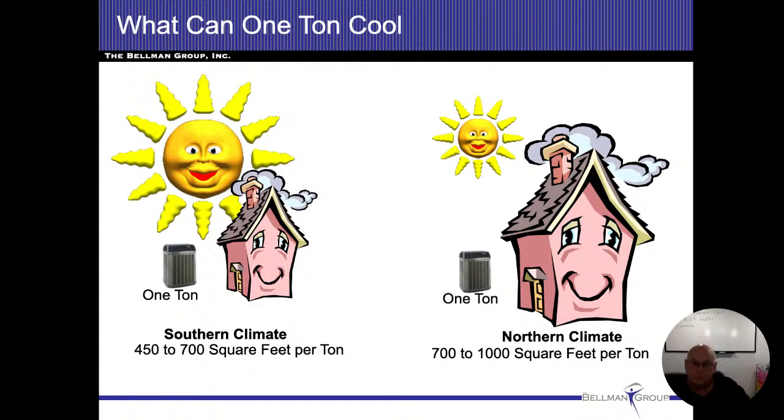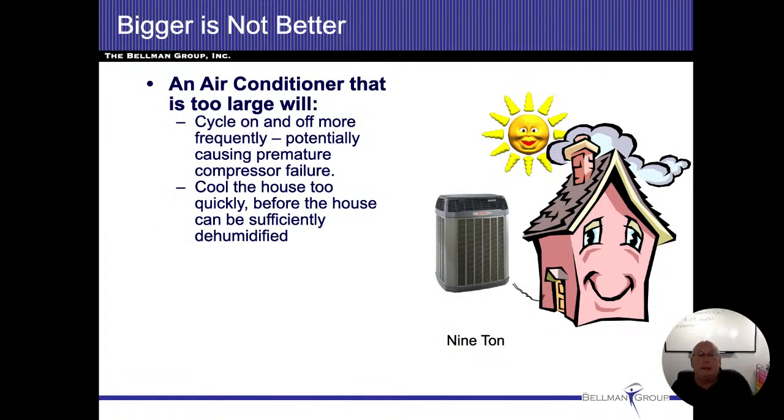All right. What we don't want to see, though, is big air conditioning systems on small homes. Because the bigger the air conditioning system, the faster it's able to remove heat. Now, just getting rid of the heat doesn't always make us comfortable.